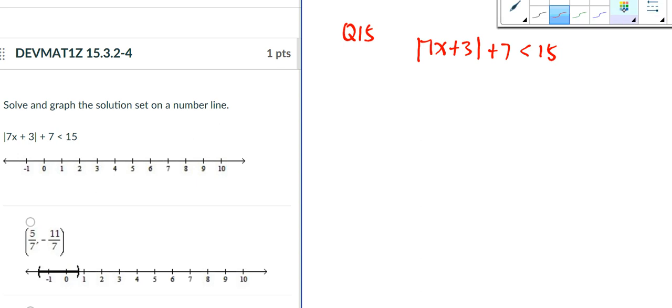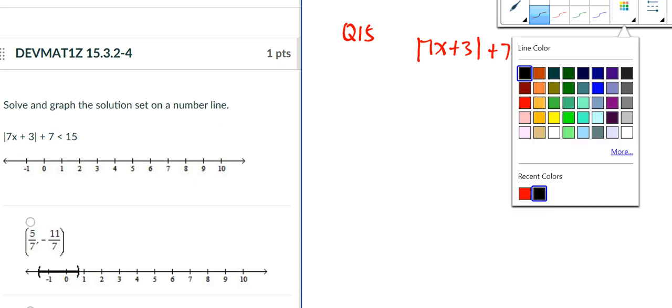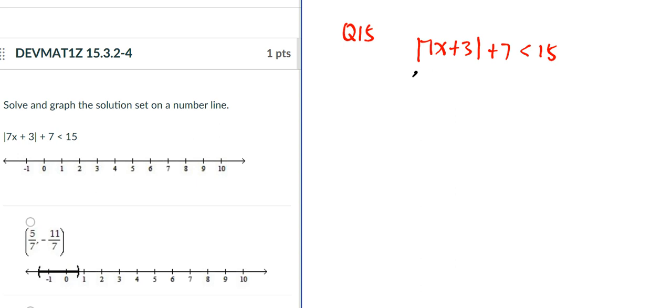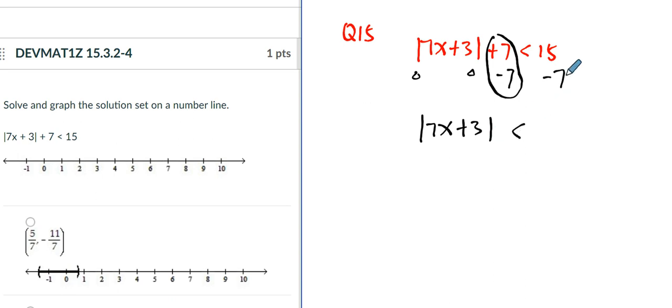Now, how to translate? Get rid of this inequality sign. Minus 7 on both sides. You cancel that. So you have the 7x plus 3 with absolute value standing alone on the left. Right-hand side, you have 15 minus 7, which gives us 8.